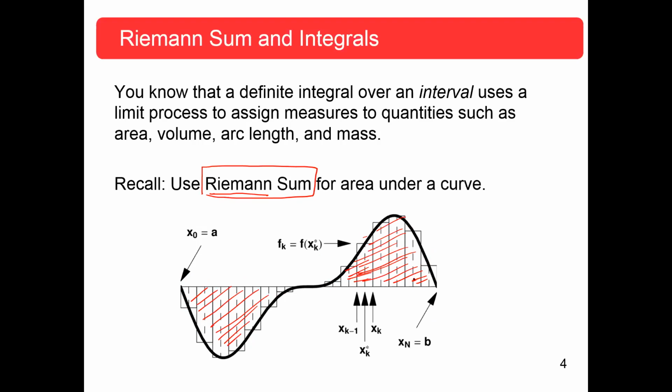Therefore, instead of looking at those irregular shapes, we're going to introduce a bunch of rectangles whose area is easy to compute. So typically, suppose the interval starts at A and ends at B. We're going to have a certain partition of this interval, A to B. Let me move to the next slide.